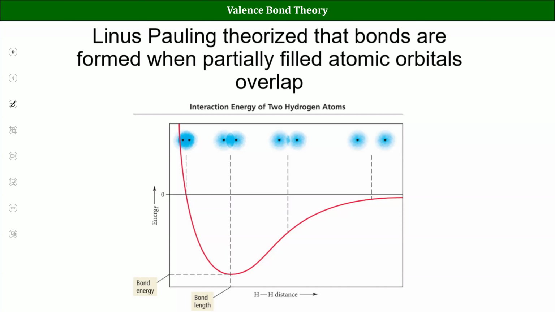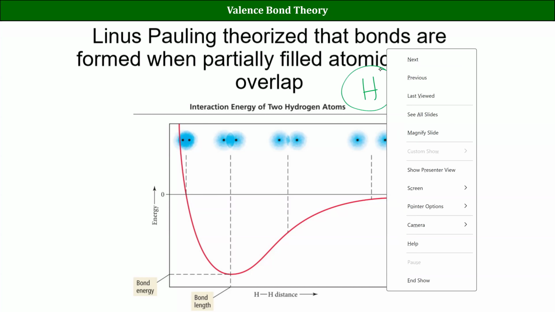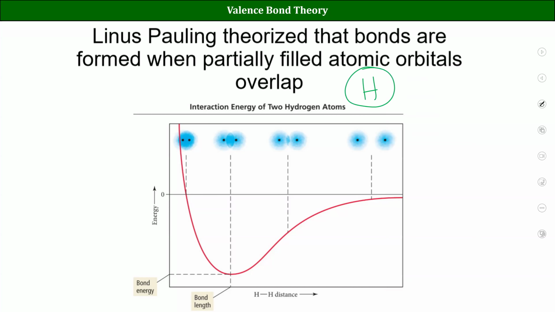And he basically said that if you had two hydrogen atoms that each had one electron in their 1s orbital, in order for them to both fill each other's orbitals, there's going to be some sort of attractive force between them. Basically, as you get the two hydrogens closer and closer together, you start moving downhill in energy.